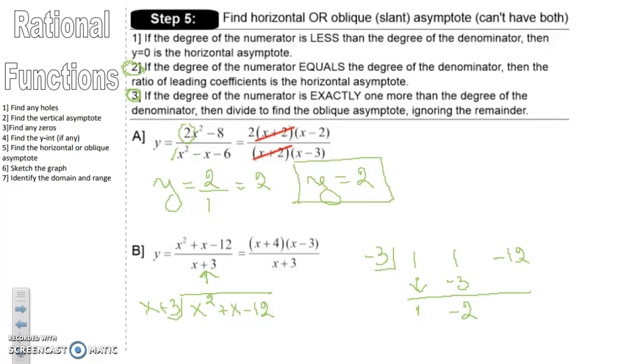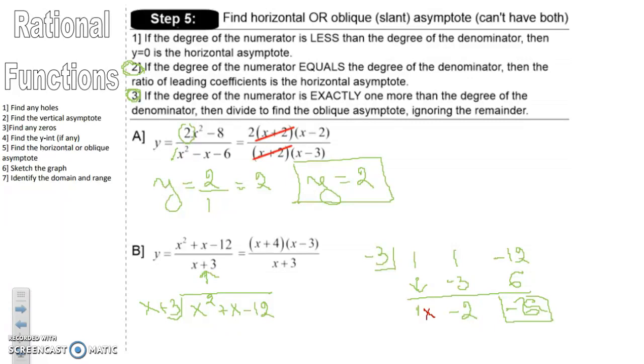And then I repeat the process. Negative 3 multiplied by negative 2 is 6. And I add those two together, I get negative 6. But remember what I said, that you don't even care about the remainder? I didn't even need to finish that step. What I do need to know is the whole part of the division. It will always end up being a linear function, and it will be 1x minus 2.